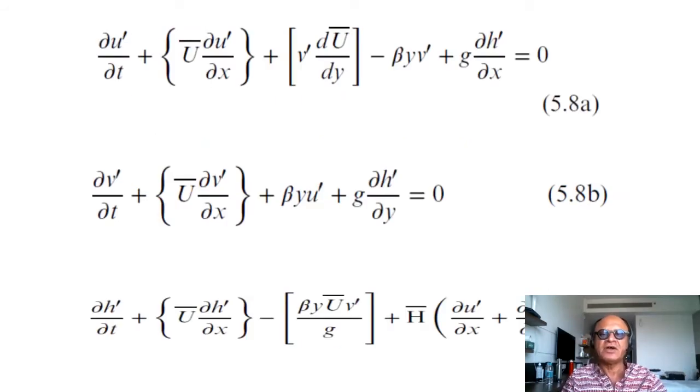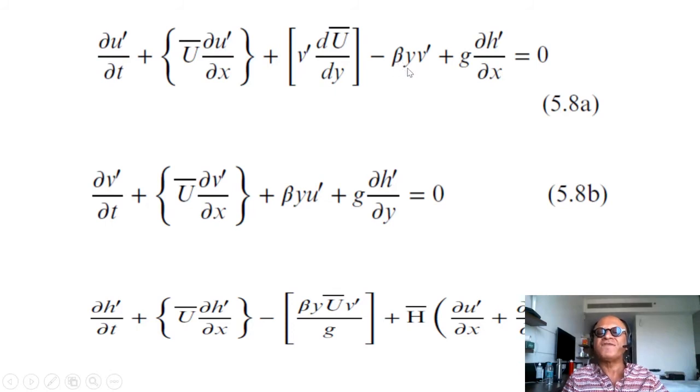Then we write the equations in the perturbation form. So du prime dt plus u bar du prime dx, we have gotten rid of the appropriate terms, plus v prime du bar dy. We will see in a minute that this is the Doppler shift term, and this is the non-Doppler shift term. So this is an intrinsic balance problem, and this is the shift because of the background state we already talked about in the wave kinematics, right?